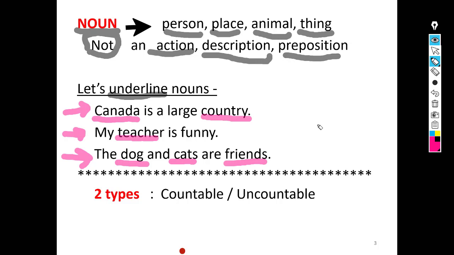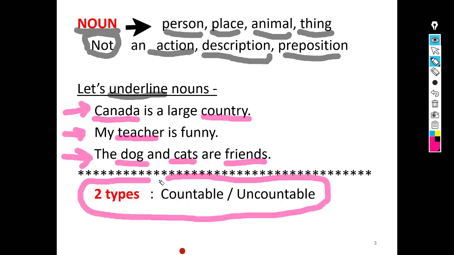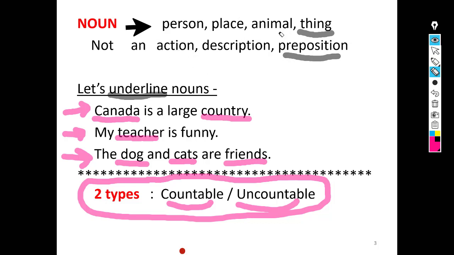In English, let's look at here. In English, we have two types of nouns. We have countable nouns and we have uncountable nouns. I have to clean for the next page.